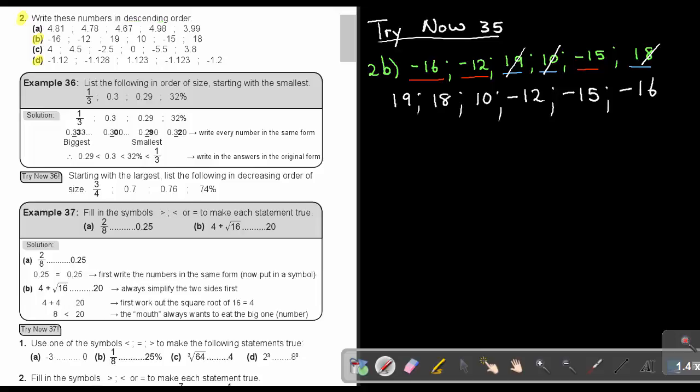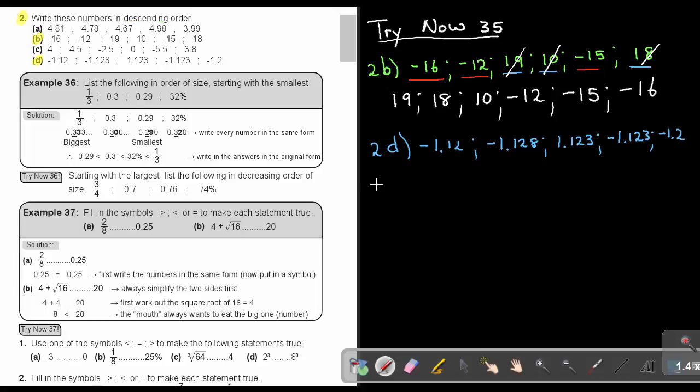Okay, and then the next one, number 2D. If you look at this one, it's negative 1.12, negative 1.128, 1.123, negative 1.123, and negative 1.2.